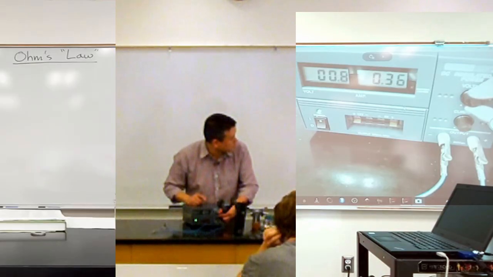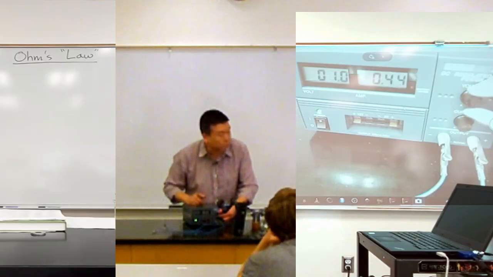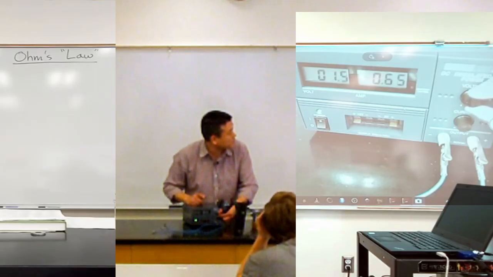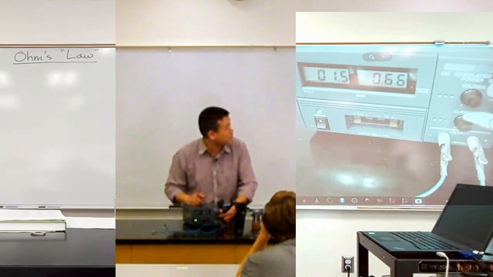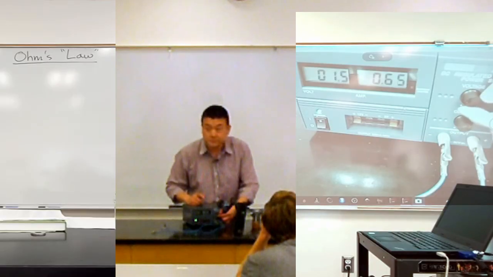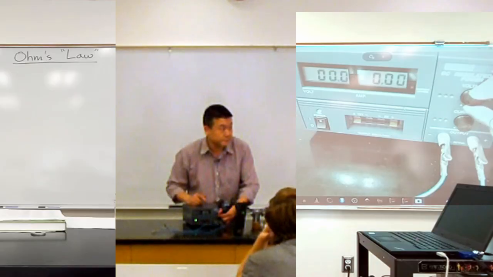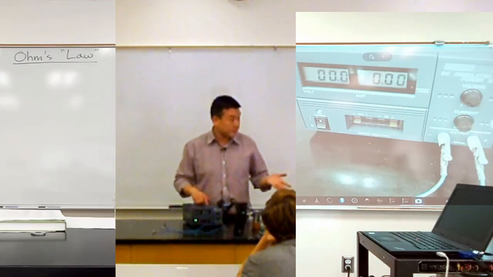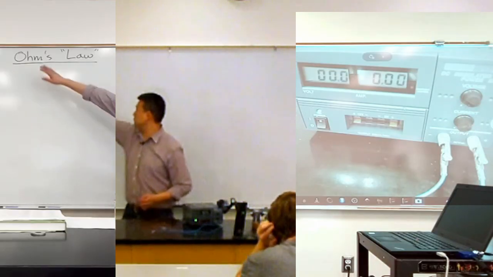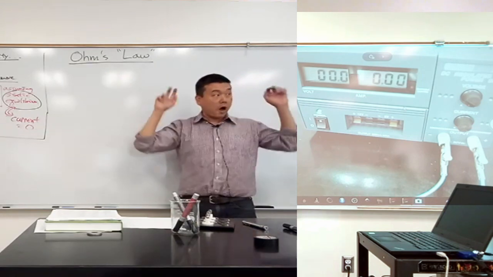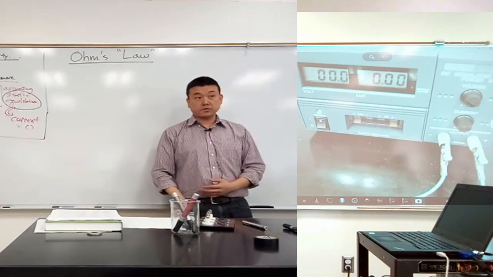Let's go to 1 volt. At 1 volt, it's 0.44. And let's go all the way to 1.5 volts, 0.66. What do you think the relationship between voltage and current is? Proportional, right? Yeah, that's what Ohm discovered, that this law holds with most conductors.